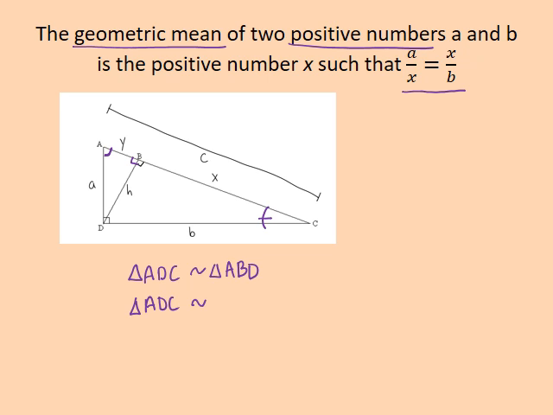Since we start with ADC, we need to start with D, then go to the right angle, which is B, and then go to C, which they share. This is what you did in the investigation. Since triangle ADC is similar to triangle ABC and triangle ADC is similar to DBC, we can say that triangle ADC is similar to triangle ABD, which is also similar to triangle DBC.